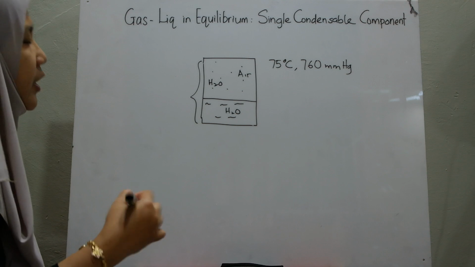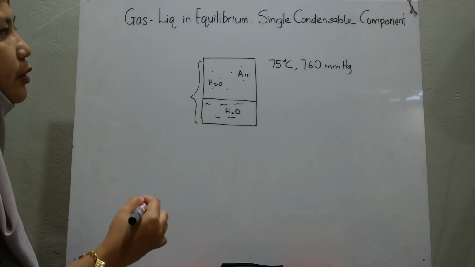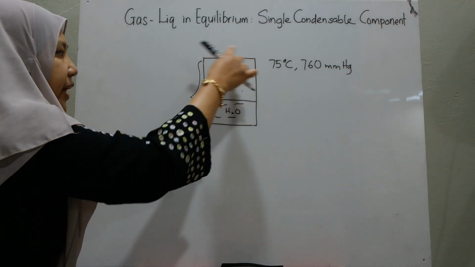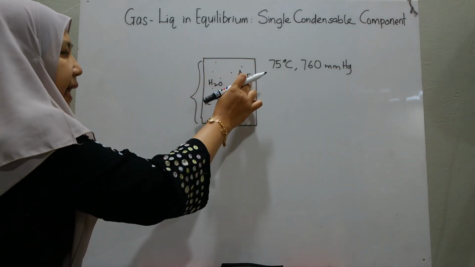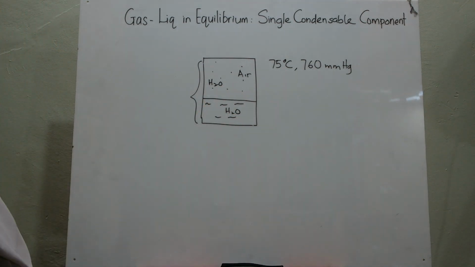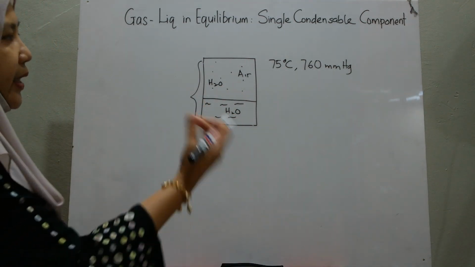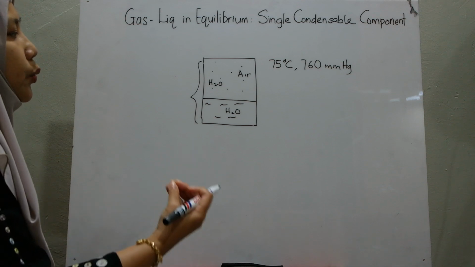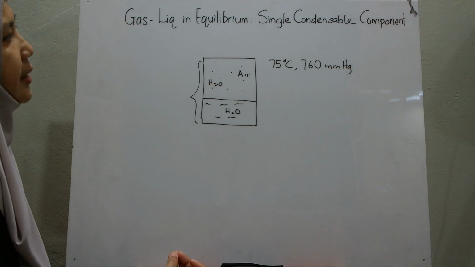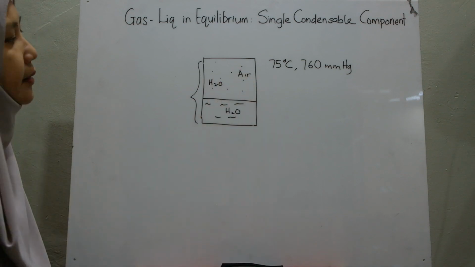When we talk about single condensable component, if we have in the gas phase dry air and also water vapor, and the temperature is being reduced, which one will condense?